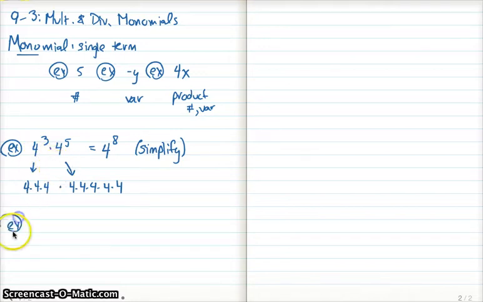Let's take a look at something else. Let's say we have negative 9 squared times negative 9 to the 3rd power. Well, what's happening in this case? Remember that parentheses matter, especially around negative bases, so you must include them. This is not the same as these.